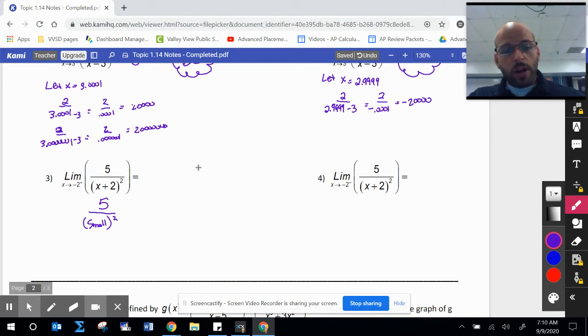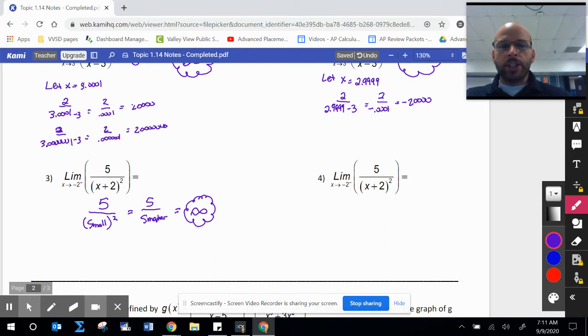Well, if you square that infinitely small value, I'm now going to have 5 over an even smaller value, which if you take a constant and divide it by an incredibly small decimal, and as that decimal gets smaller, this is going to approach a positive infinity.